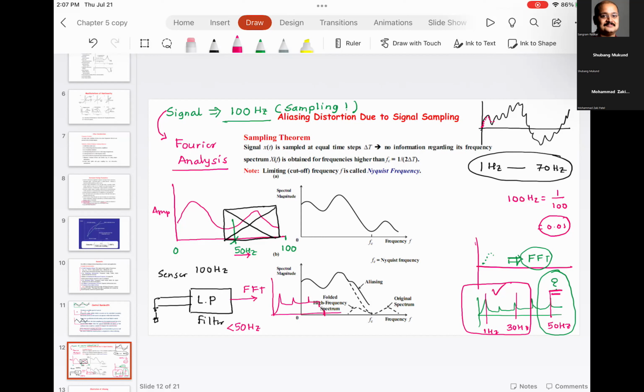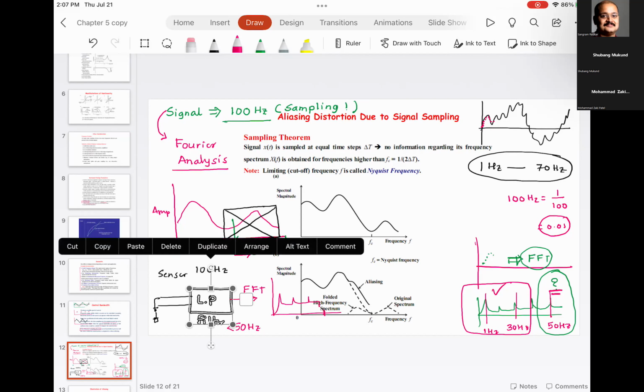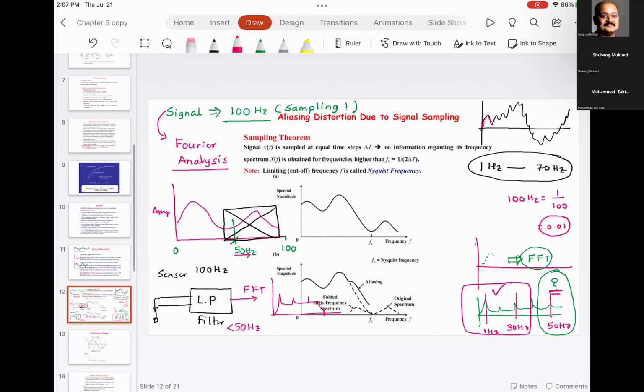Everyone understood this? This is super practical, so please pay attention to this. If you have to do something like what I did, machinery vibration diagnostics, prognostics, or if you want to design suspensions, study engine behavior, or do a shock vibration analysis, then always think about using an anti-aliasing filter.